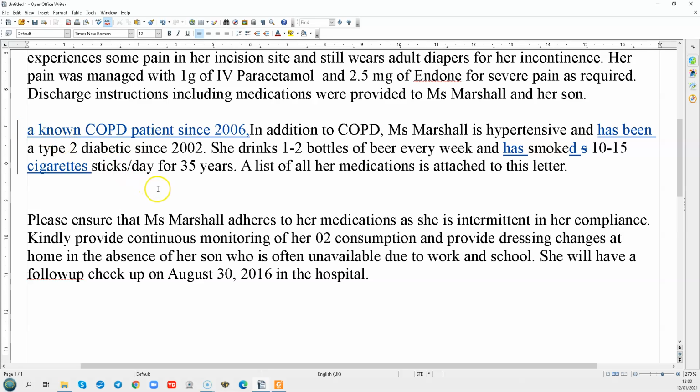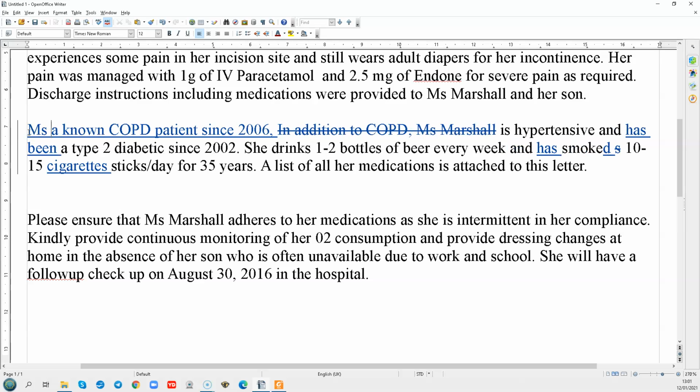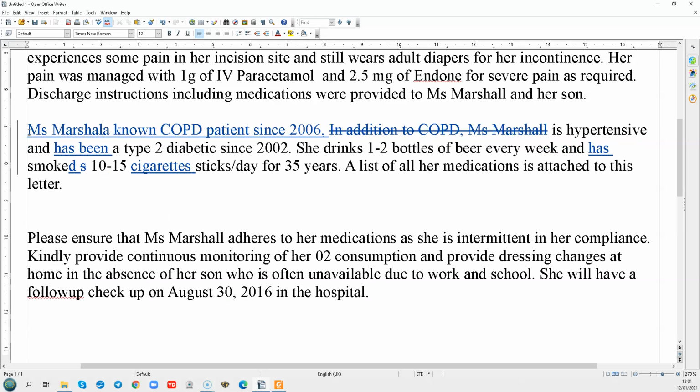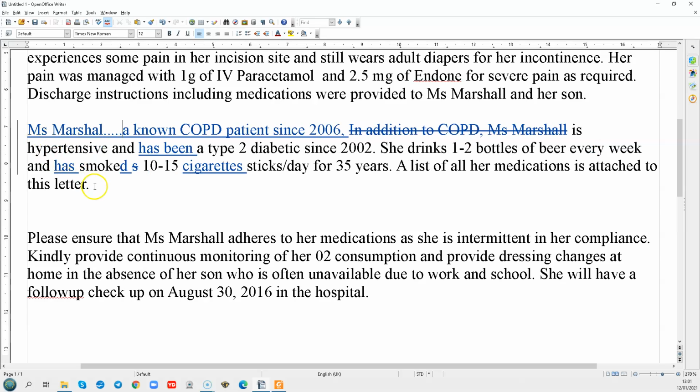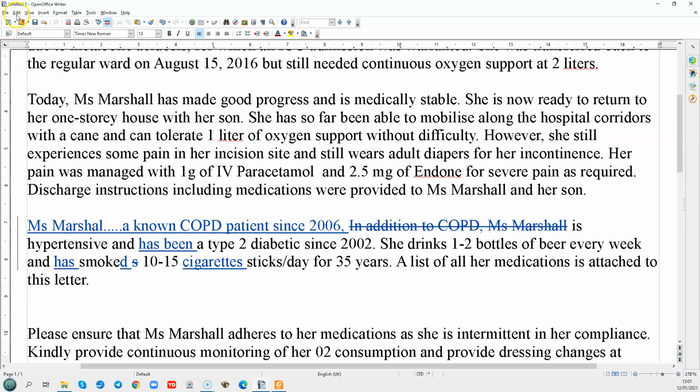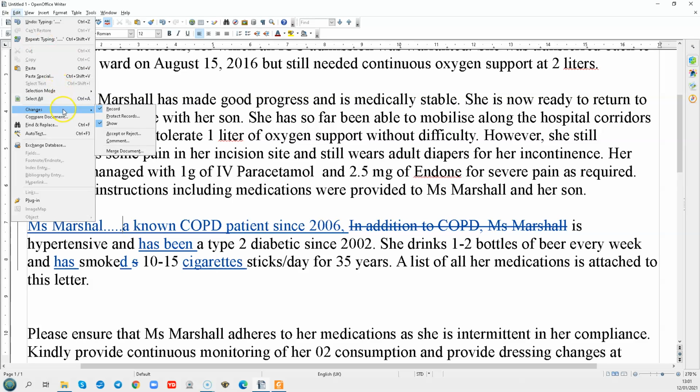Miss Marshall has been a known COPD patient since 2006. Hypertensive, and so on. Okay, so you could put that there. I'm not going to write it all out. So I'd put that as paragraph 2. Okie doke. So that fills us in on some of the background.